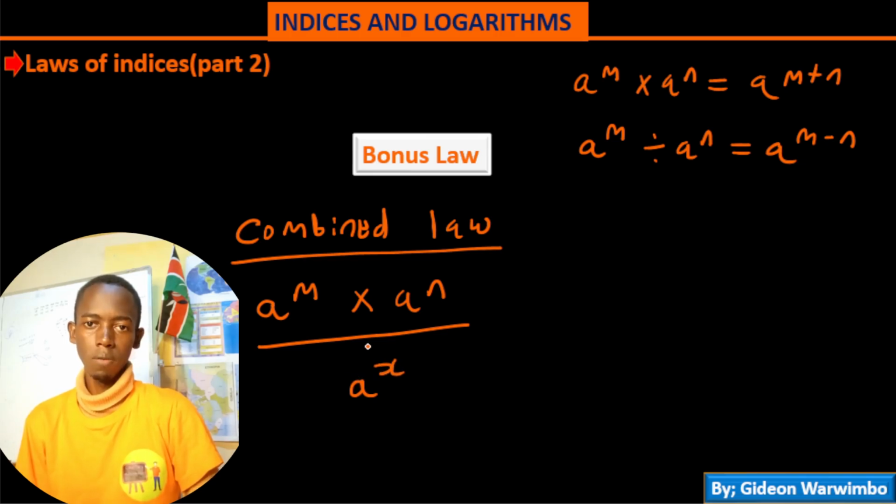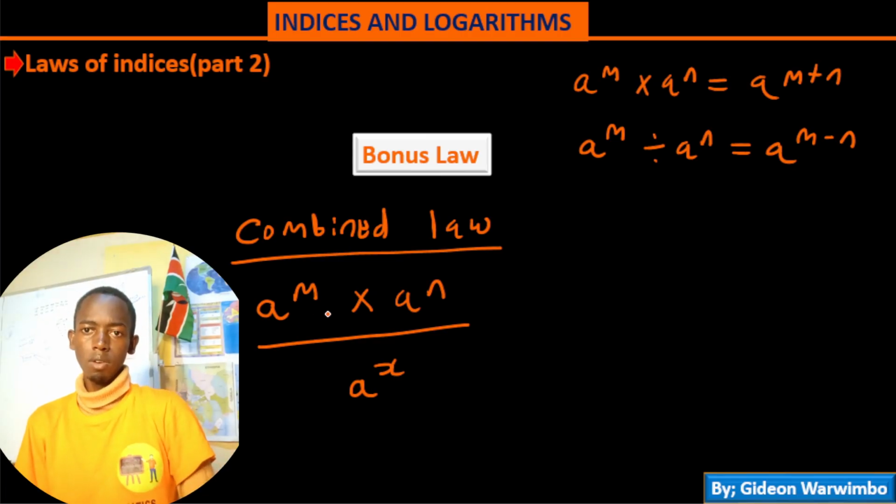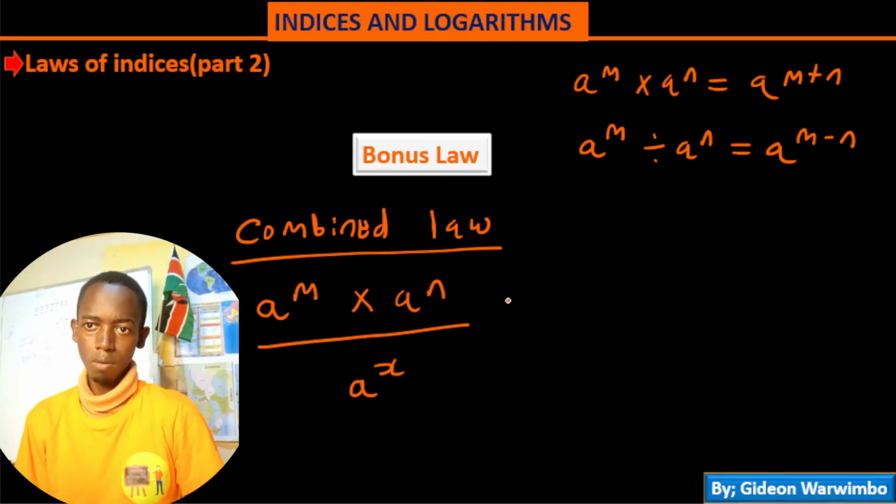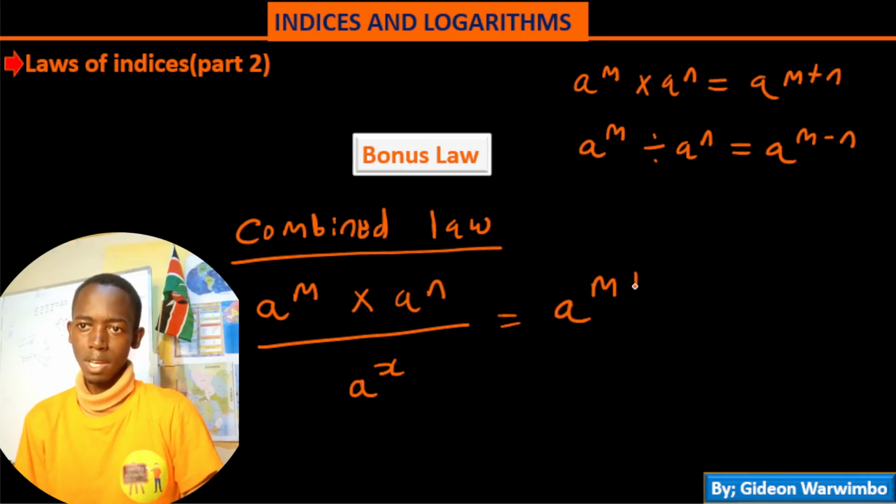What would be the value of this whole sum? It would be equivalent to a to power m plus n minus x. Notice that for all the values above the line, the numerator side, we add the powers, but everything below it, we subtract.